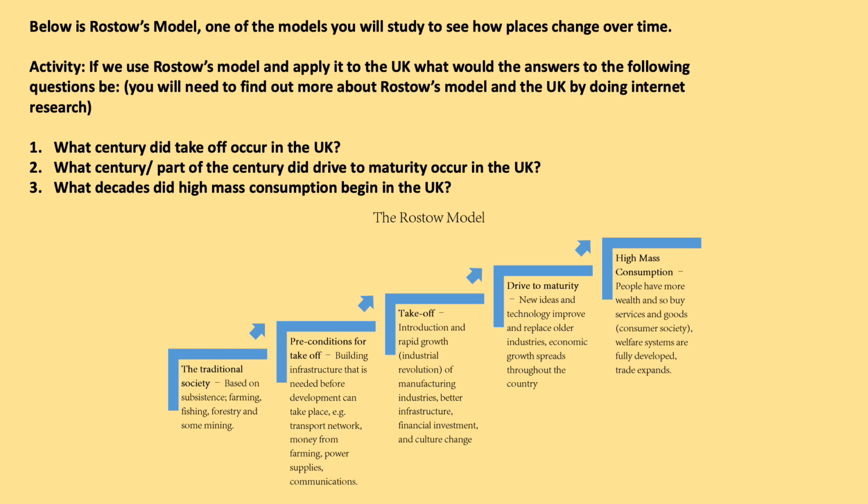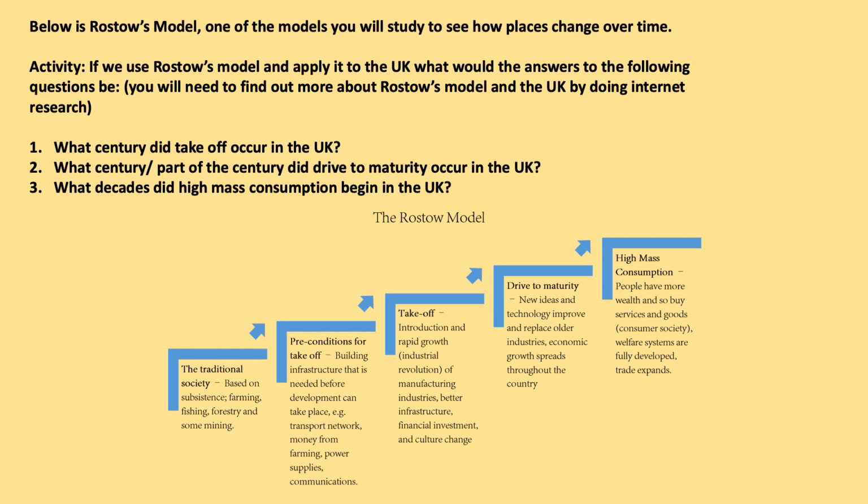As well as understanding where places are located, we need to understand how they changed. Rostow was one such geographer that tried to model how places, particularly countries, change over a period of time. As you can see, he said that countries go from traditional societies through to one of high mass consumption. What does that mean for a particular place?